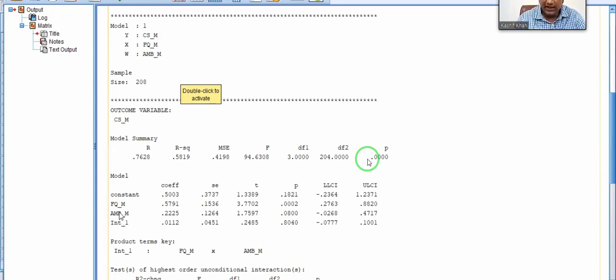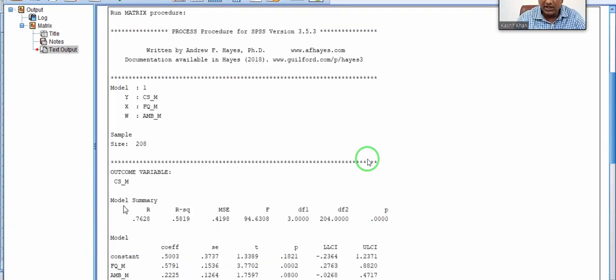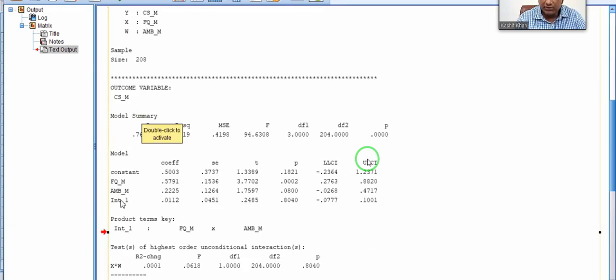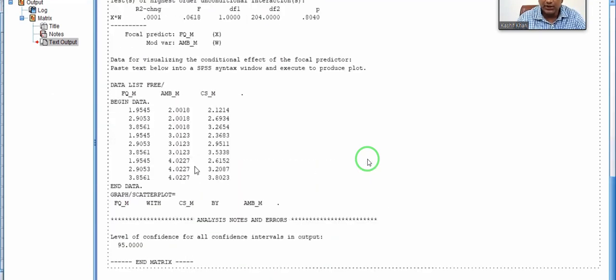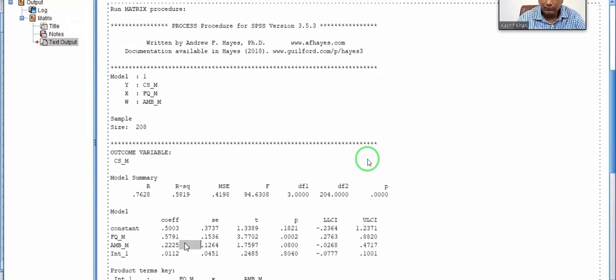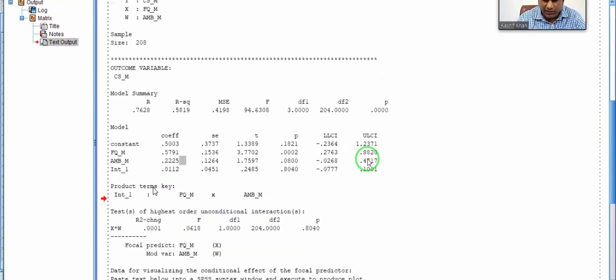However, we are interested in the direct relationship, but we are also interested in this interaction effect. This is where we're interested. Look here, it says product keys. We are interested in how much effect FQ and ambience create on customer satisfaction when they are multiplied, and whether that effect is significant or not.